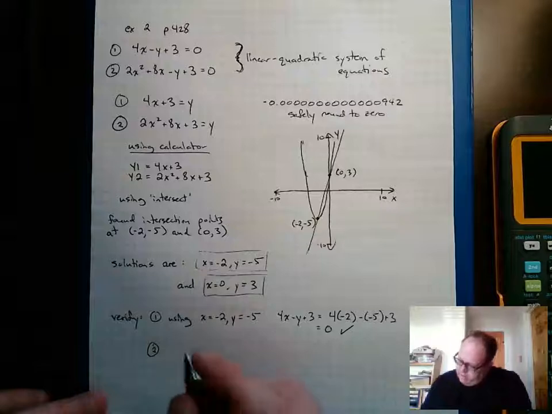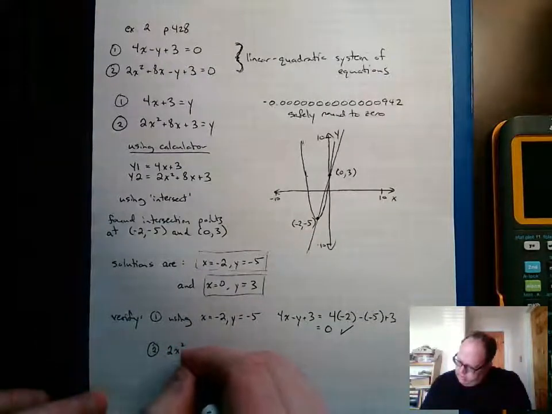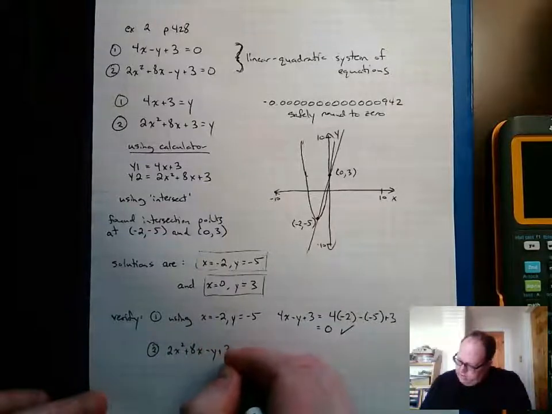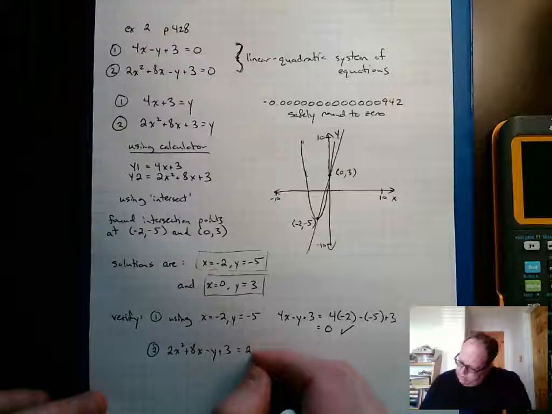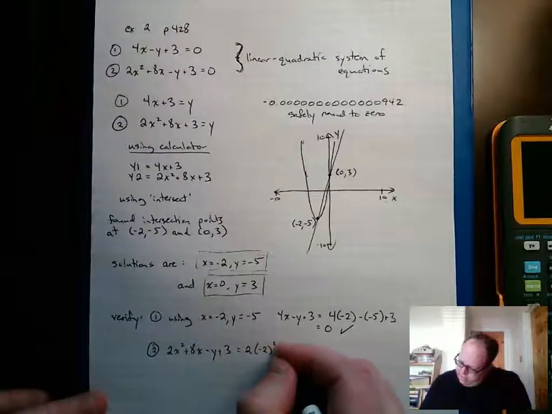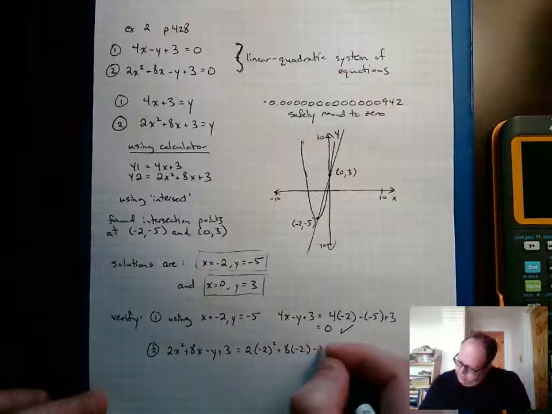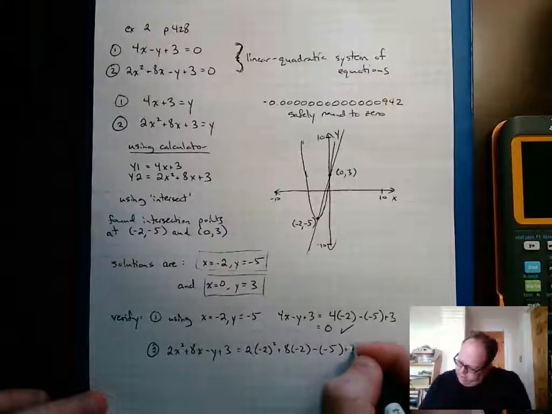And then to check it in 2 as well, 2x squared plus 8x minus y plus 3 equals 2 times -2 squared plus 8 times -2 minus -5 plus 3.